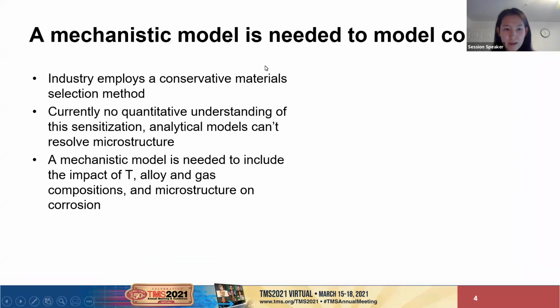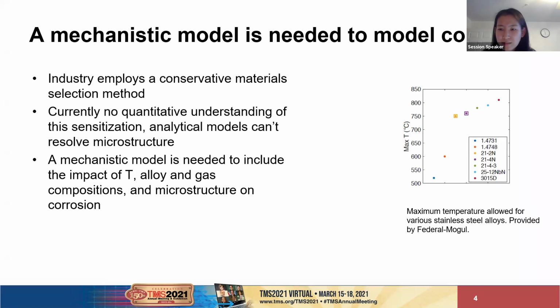So why do we need a mechanistic model to simulate the corrosion? Well, there are two main reasons. The first reason is that the industry currently employs a conservative materials selection method. What that means is that if we look at this scatter plot, it has different types of materials and their corresponding maximum temperature that they can withstand without going through corrosion.